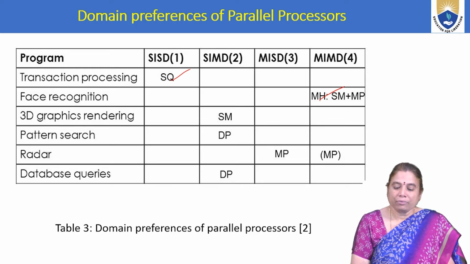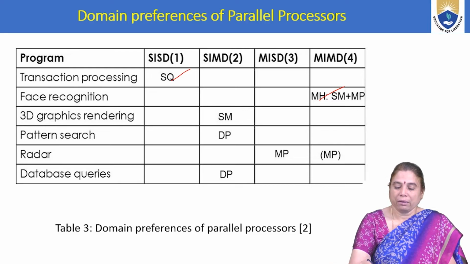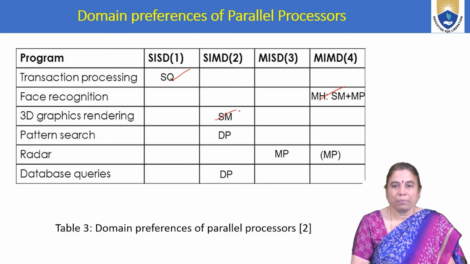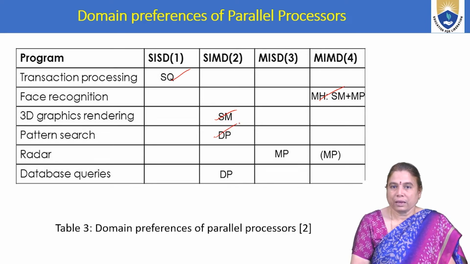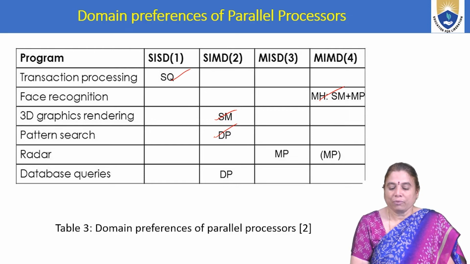For 3D graphic rendering, SIMD can be used with the help of shared memory architecture. For patterns and search, SIMD can be used. Here data processing can be done with the help of multiple processing levels.